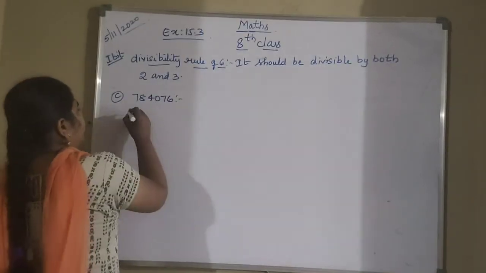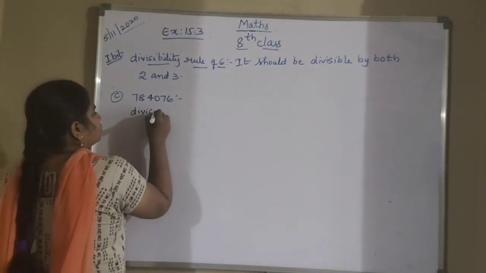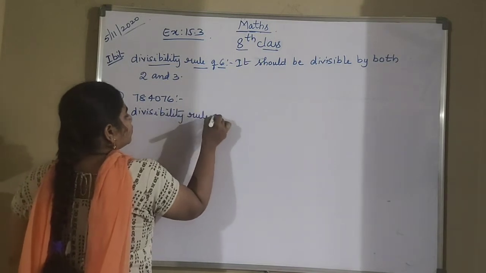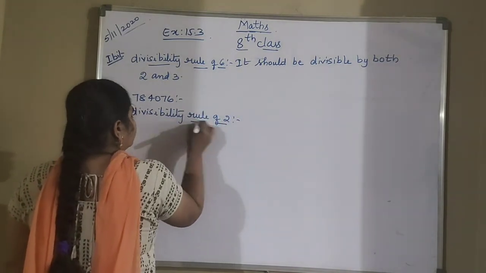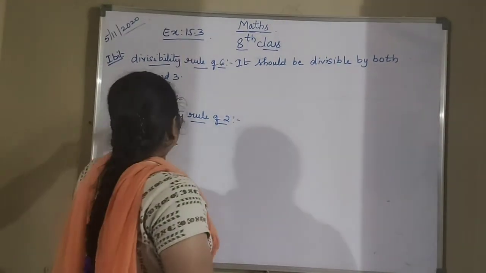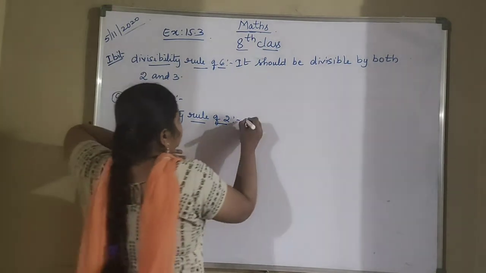First is the divisibility rule of 2. So what is the divisibility rule of 2? The last digit should be an even number. 6 is an even number, so it is divisible. So yes.